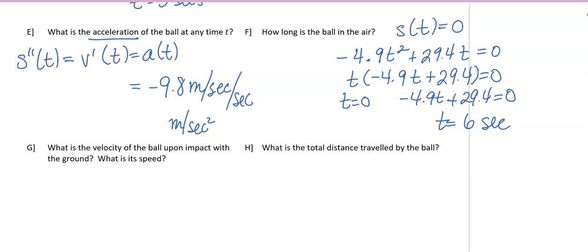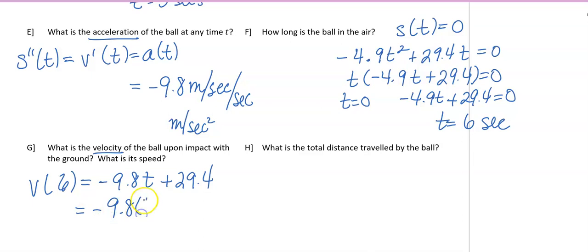Now we want to know what is the velocity when it hits the ground. So velocity is v of t. So we want the velocity at 6 seconds, and that is negative 9.8 t plus 29.4. Plug in our 6.